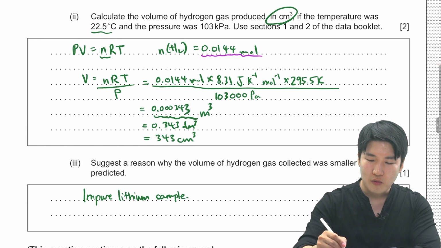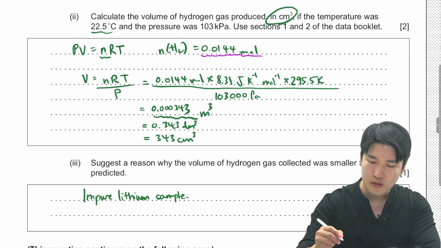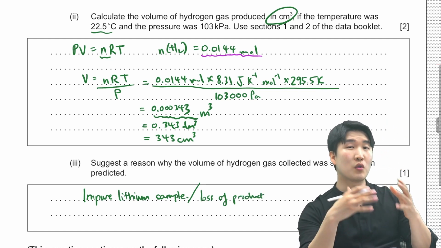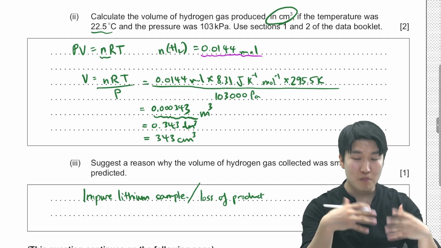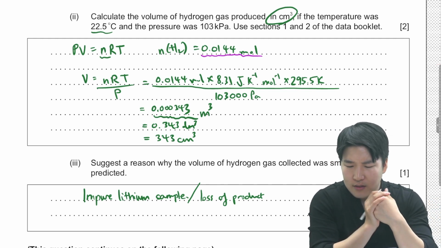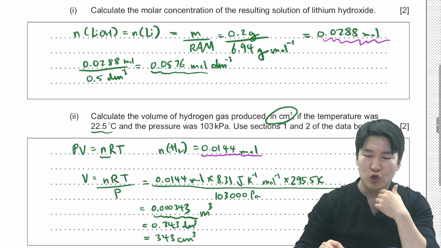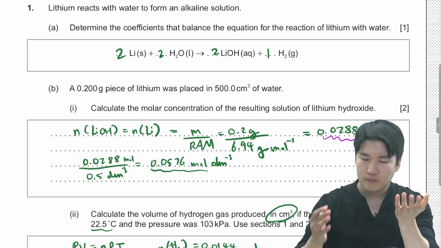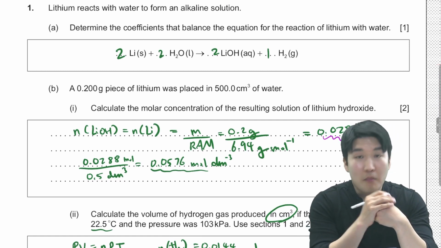I can think of another reason as loss of product. Maybe we have not successfully captured the hydrogen produced. Could be an answer. Maybe hydrogen gas has been used in combustion.